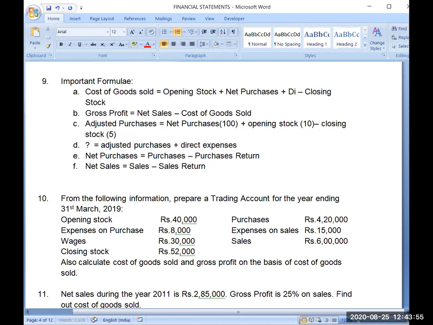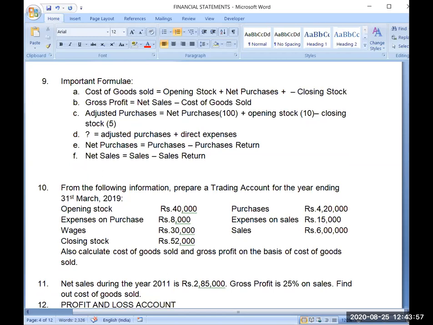Suppose I remove it from here. Now see the formula of adjusted purchases and cost of goods sold. So same thing is there. What you have written in the cost of goods sold, same thing is there. There is nothing different between cost of goods sold and adjusted purchases.